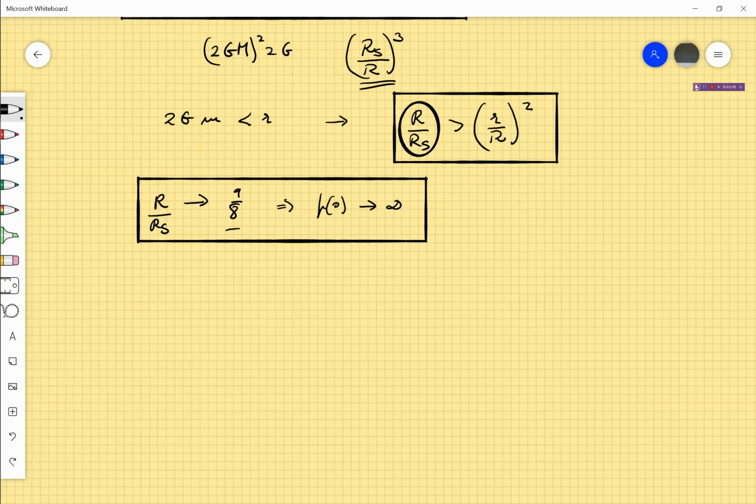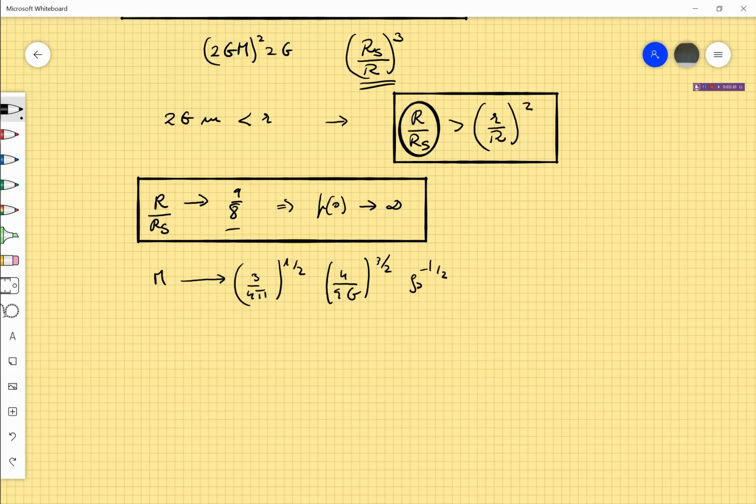So you can rewrite this condition in a completely different way, just using the relation between mass and density, and you see that the same condition tells you that when the mass approaches this value, you have this instability: the pressure at the center becomes infinite.